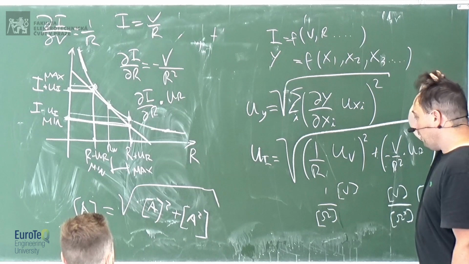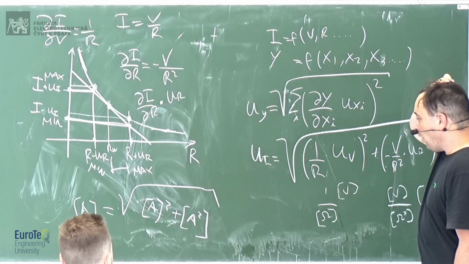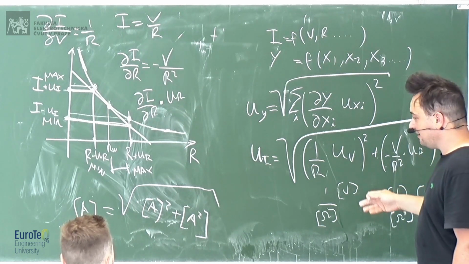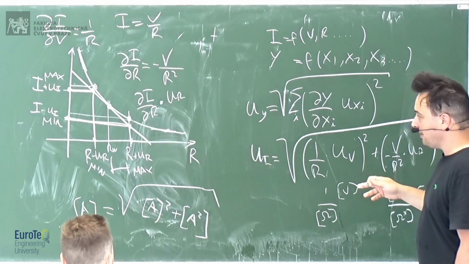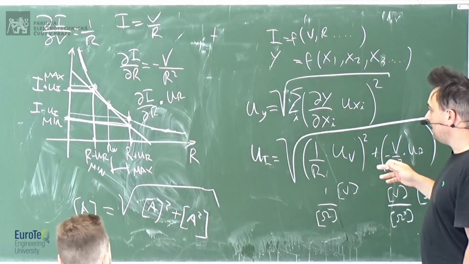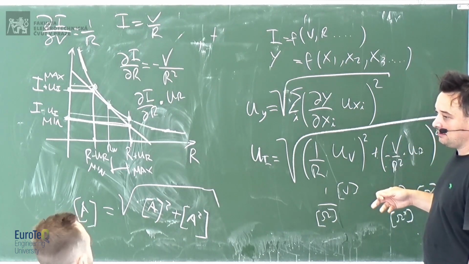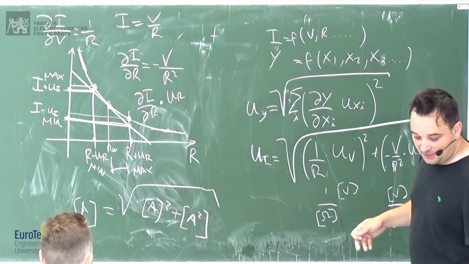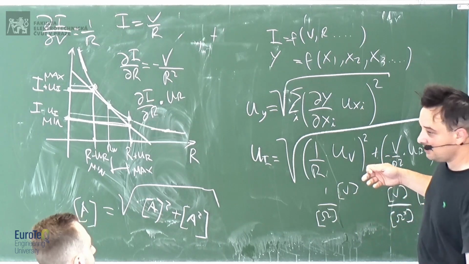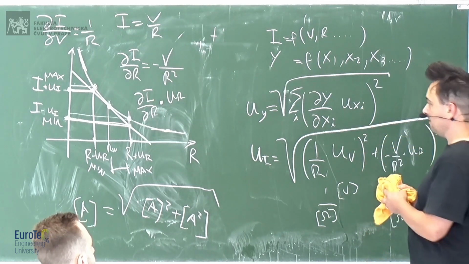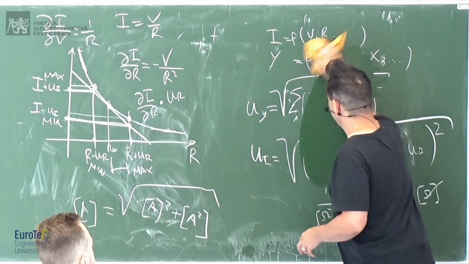Yes. Okay? Why do we do something like that, and what is the assumption behind that? The assumption is that these two sources of uncertainty are not correlated. What does it mean? It means that there is no correlation between the uncertainty of the voltage and the uncertainty of the resistance.